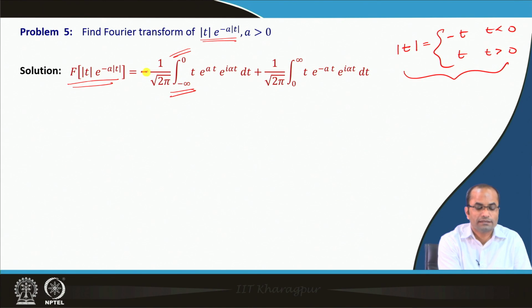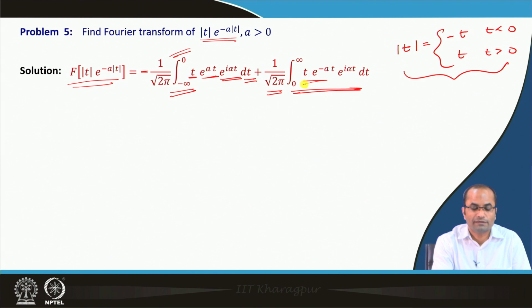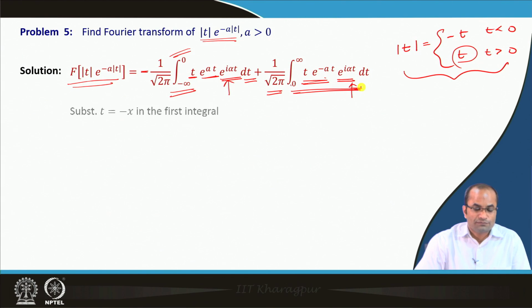So, we have minus sign there and t, and e power again minus minus plus, so e power a t and e power I alpha t, and we have this dt there. So, 1 over square root 2 pi, and then 0 to infinity we have t e power minus a t, because here in this region 0 to infinity this will be t only. So, we have this t e power minus a t and e power I alpha t, that is the part of the definition of the Fourier transform.